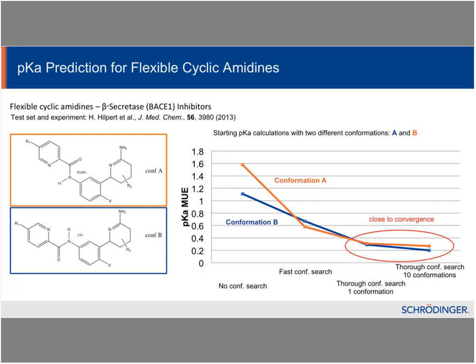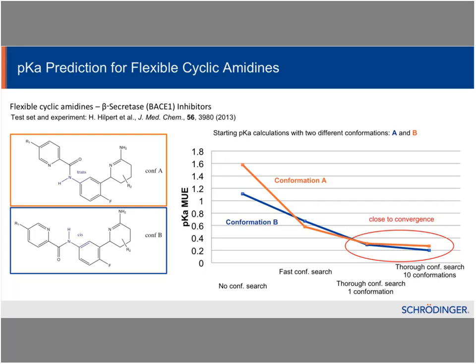It's not good. If you do a fast conformational search, available in Jaguar pKa, then your pKas become much more similar. If you look at the individual pKas, they're kind of close, and this is reflected by the average. But if you do a thorough conformational search, even when you take one conformation, you get very close to convergence already.